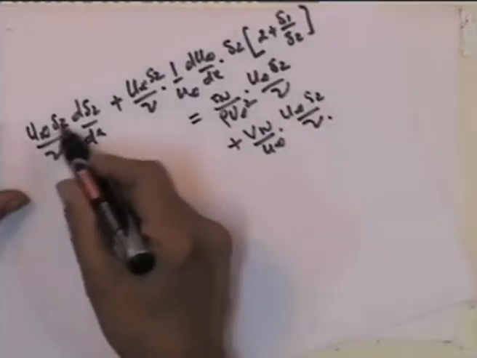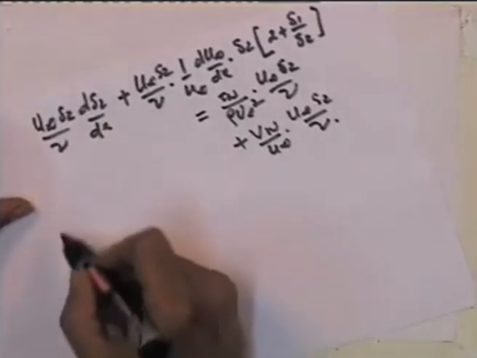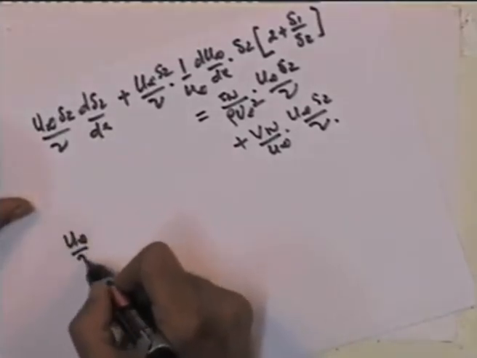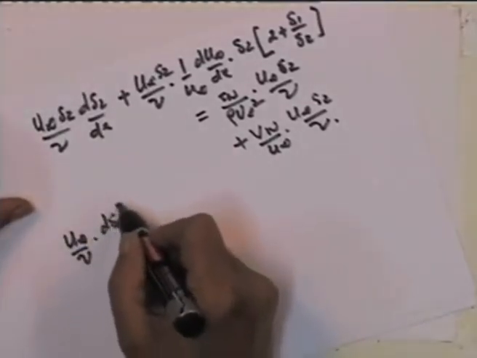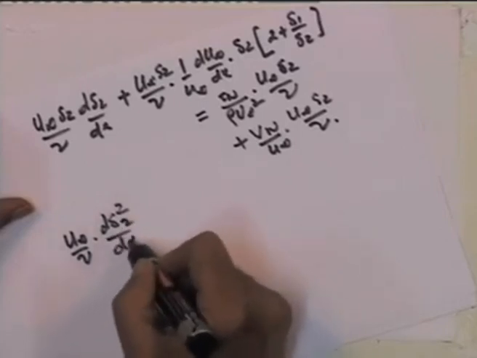Then you will see this term simply becomes u infinity by nu into d delta 2 squared by dx divided by 2.